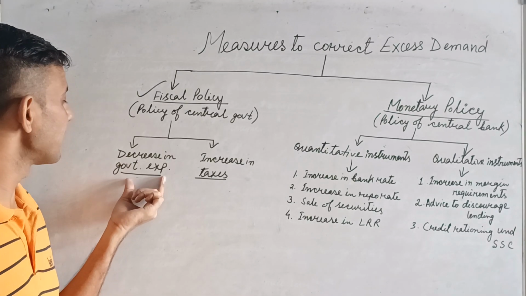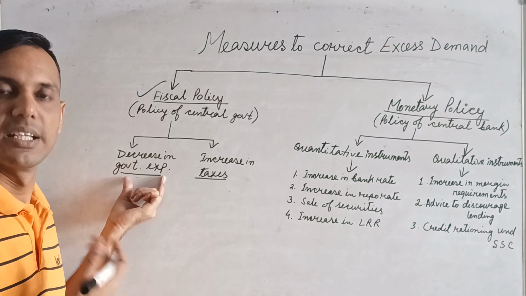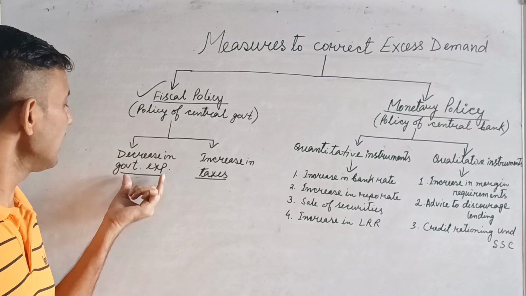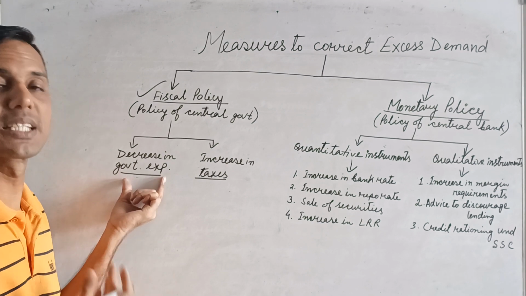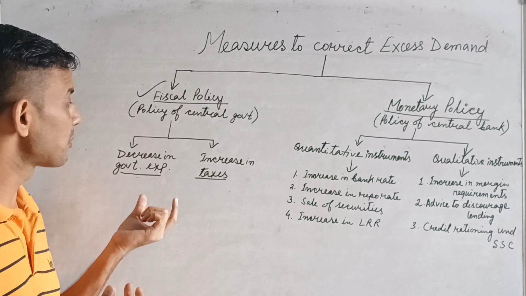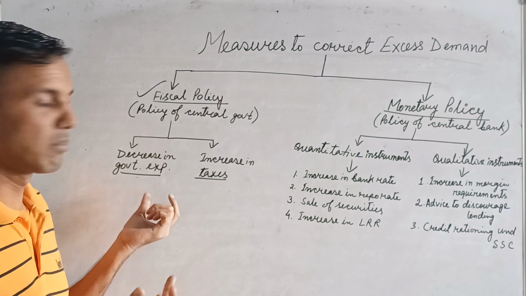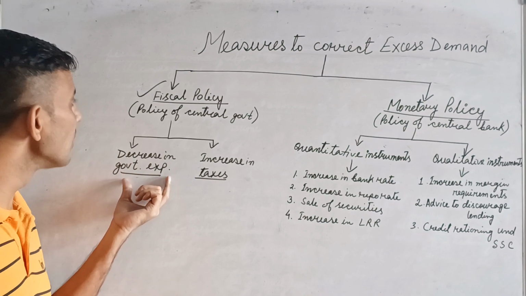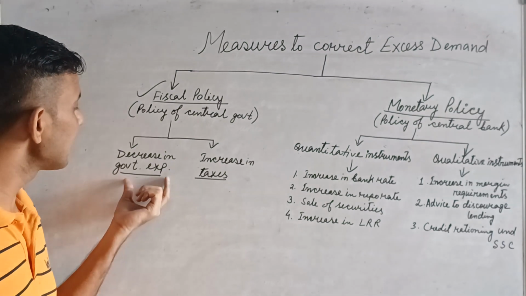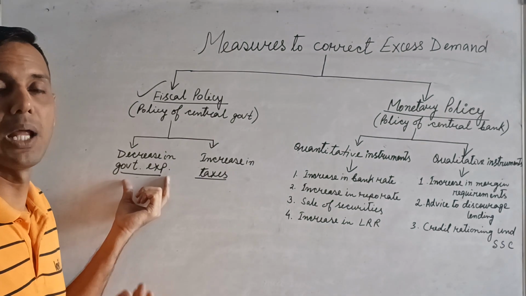When government decreases this expenditure, then what will happen? Government will demand less for goods and services. They will spend less for development and it will reduce the demand and finally it can reach the full employment.